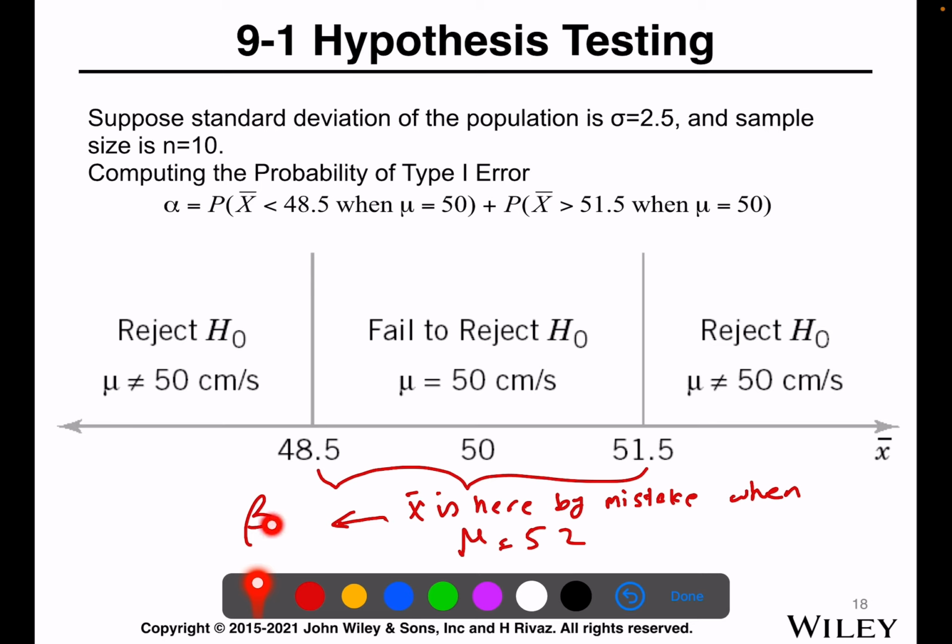We will see later on, 1 minus beta is called the power of the test, right? So we want higher power. And power basically means how different your true mean can be from the one you assume, such that you can still distinguish that it's actually a different mean, right?